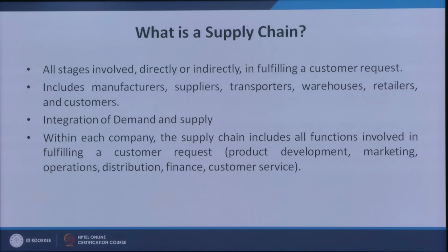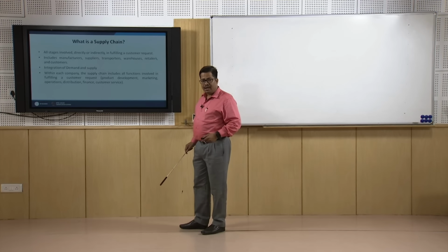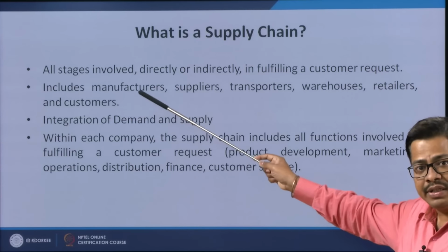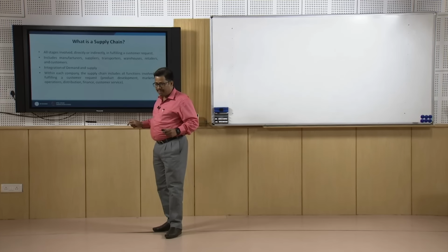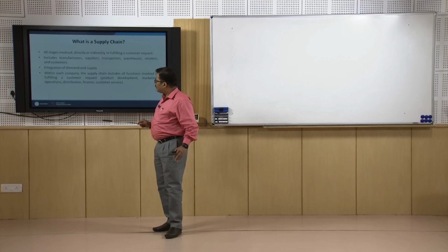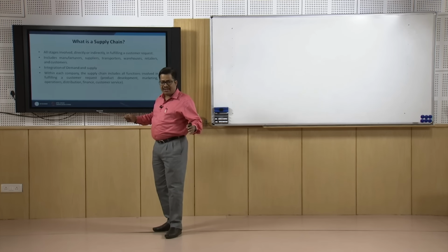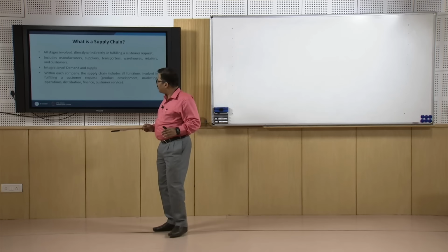It is very important to understand all the time, and I will be emphasizing all through this course, that the customer is a very integral part of supply chain all the time. Please, we need to ensure that the customer is always considered whenever we are taking a decision related to supply chain, whenever we are talking of supply chain. So the customer is always an integral part of supply chain.